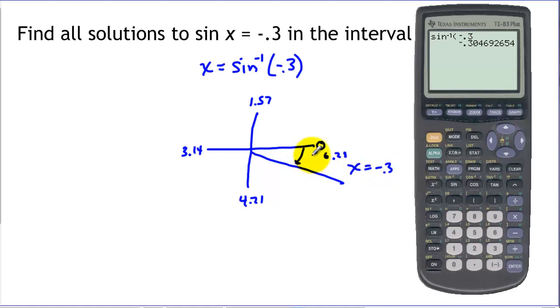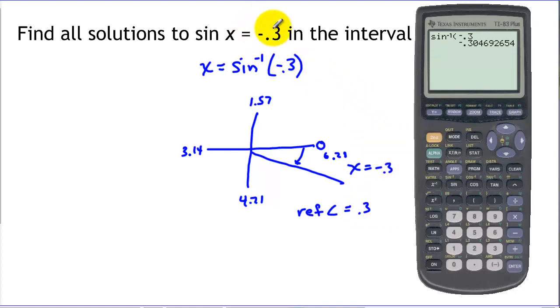Now, if you remember, we have a thing called a reference angle. So this is our reference angle. Now we did this in degrees the first time we went around, but we can do the same thing in radians. So our reference angle is 0.3 radians.